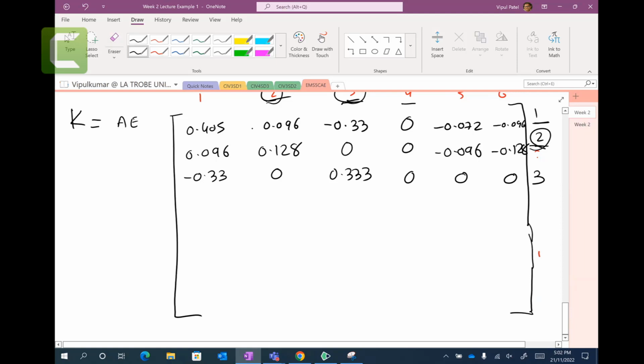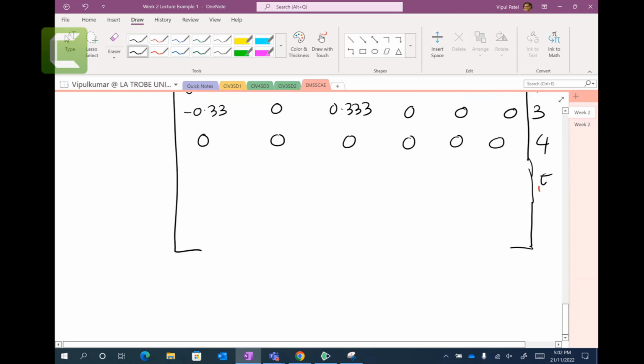Now let's do the 4. 0, 0, 0, 0, 0, 0, 4. 5, 6. Minus 0.072. Minus 0.096. 0, 0. 0.072. 0.096. Minus 0.096.